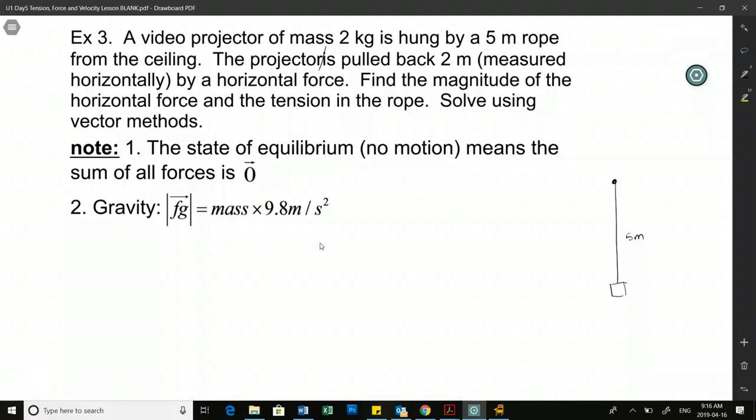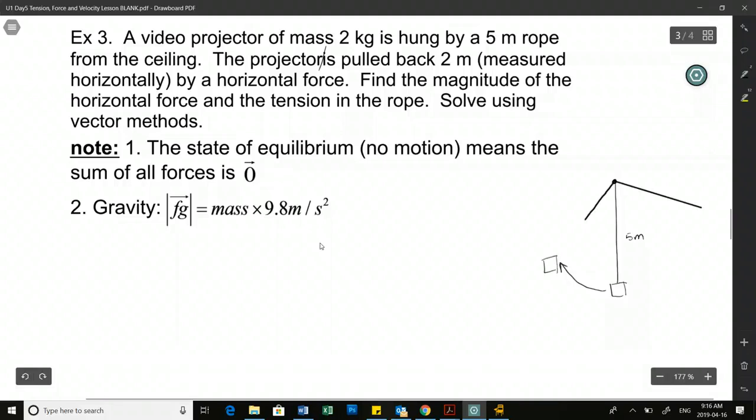If something's on a rope, it gets pulled in a circular motion, right? So it gets pulled up like so. But the force is horizontal, that we're pulling this box with. So the box gets pulled horizontally. The length of the rope is still going to be the same. The length of the rope remains 5 meters, right? So my box gets pulled up there by some horizontal force.